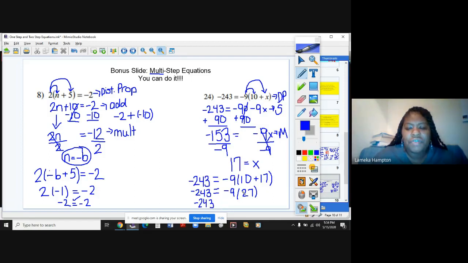Now, a negative times a positive gives me a negative, so my answer, in fact, is negative 243. Because negative 243 is equal to negative 243, my answer is correct that 17 is equal to x.